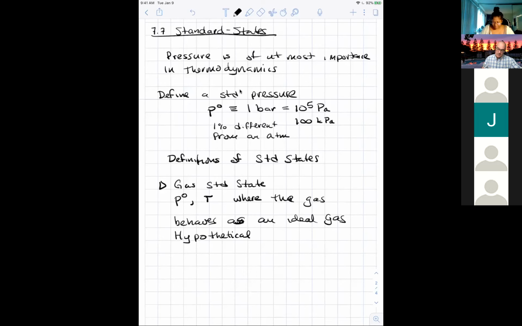So it's hypothetical, right? How do we define this? We turn off the intermolecular forces, right? Of course, we can't do that. But if we could turn off the intermolecular forces, then we would have an ideal gas, right? So that's kind of the full circle, right?